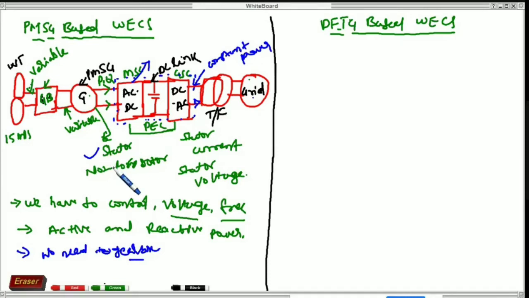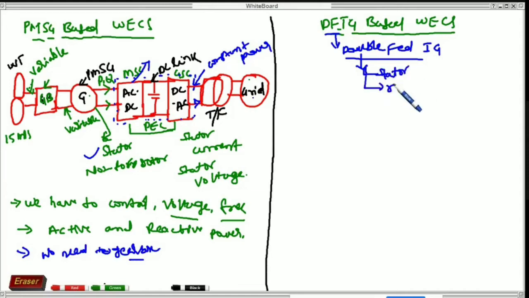And if you go for DFIG, it means doubly fed induction generator. Doubly fed means the power will be given from the stator side as well as the rotor side.